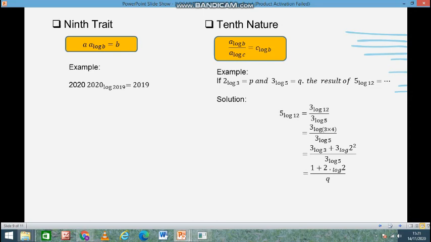Equals 3 log 3 times 4 divided by 3 log 5, based on the third property.